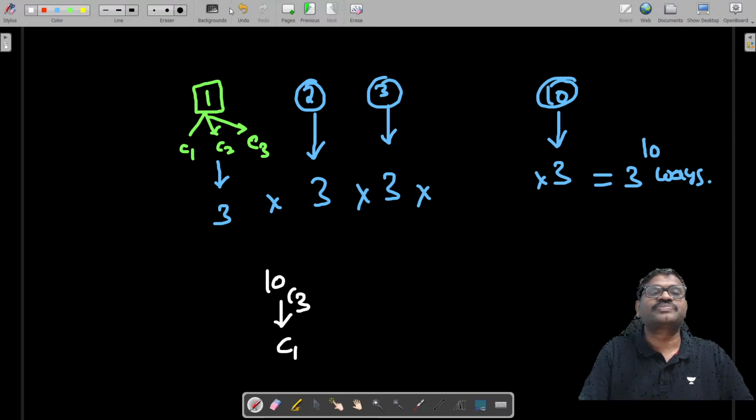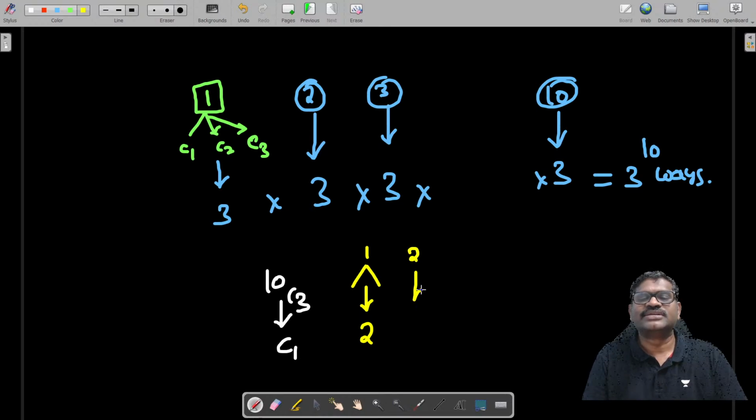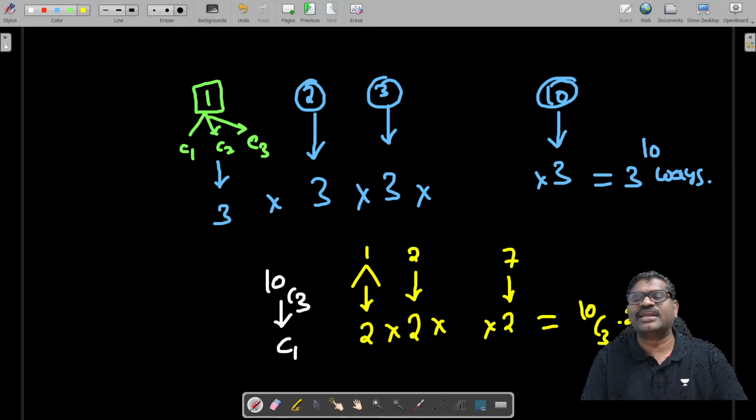Now first chocolate can be given to either second child or third child, 2 ways. Second chocolate 2 ways. 7th chocolate 2 ways. So 2 into 2 into 2, 7 times. 10C3 into 2 power 7.